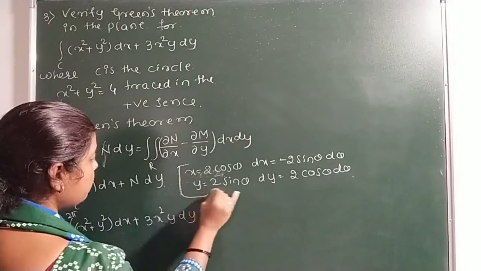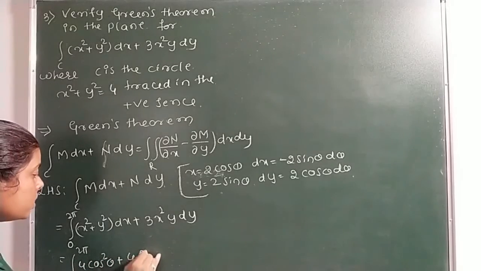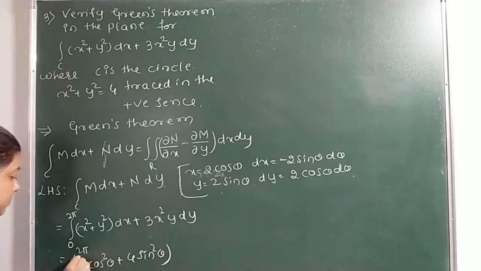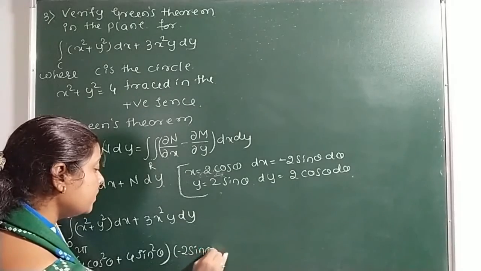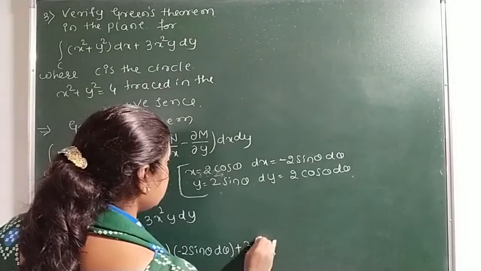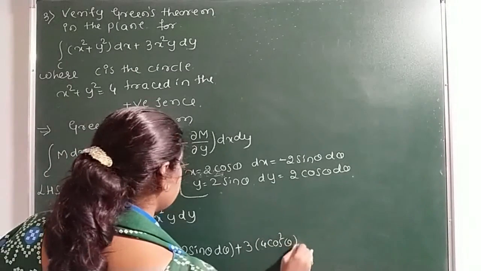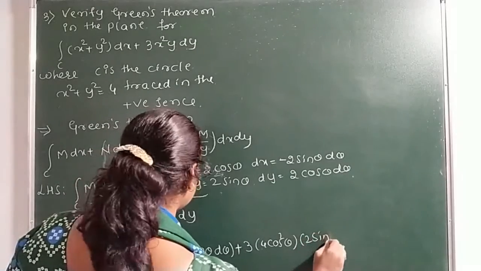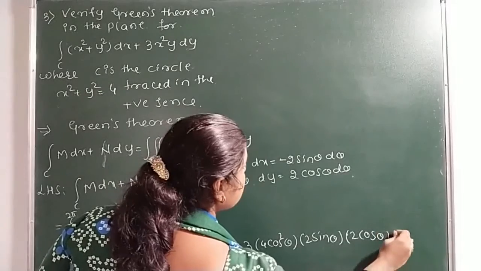Now replace x and y in terms of θ: 4 cos²θ + 4 sin²θ, dx is minus 2 sin θ dθ, plus 3 times x², which is 4 cos²θ, y is 2 sin θ, and dy is 2 cos θ dθ.